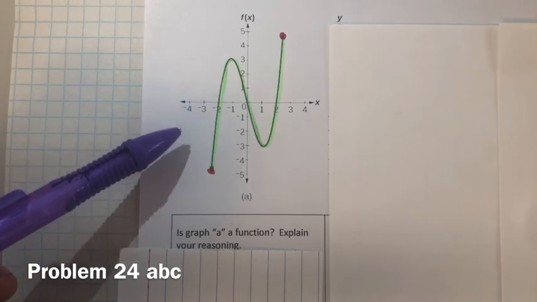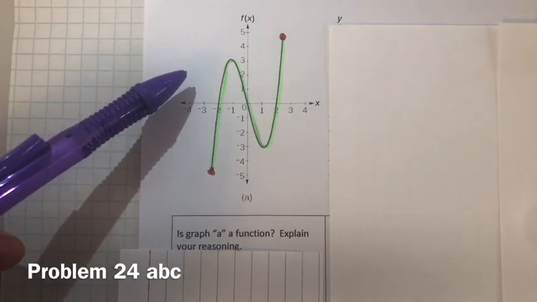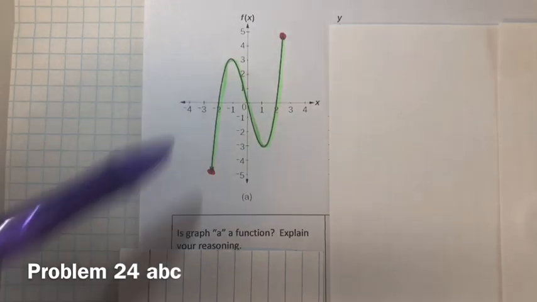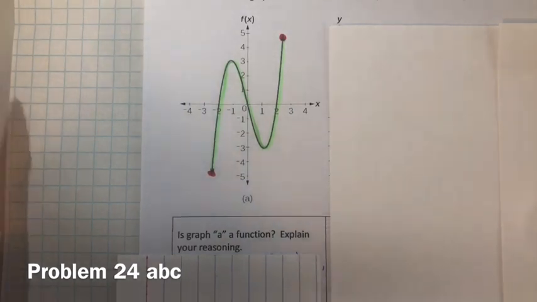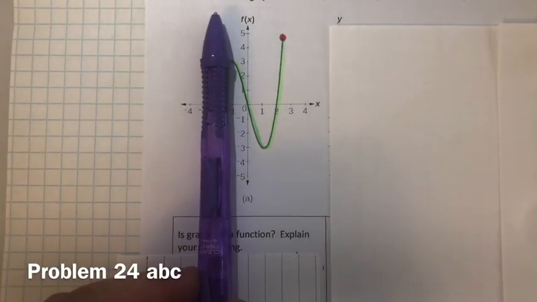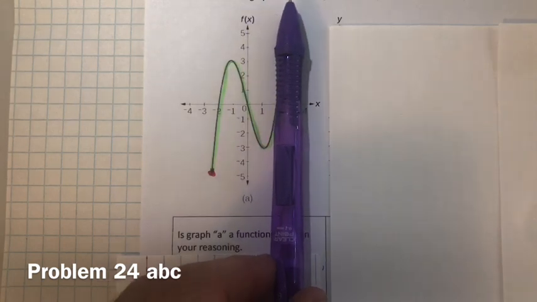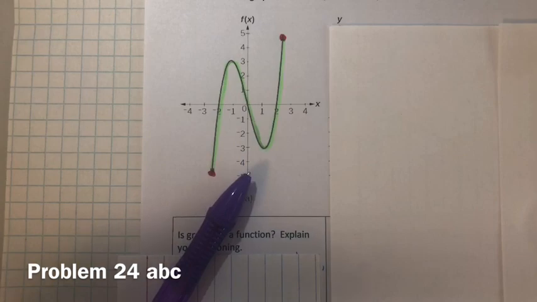For problem 24, we need to determine if the graph is a function and then identify the domain and range. So is graph A a function? Well, if we look at it, it passes the vertical line test. At no time are there multiple outputs for the same input.